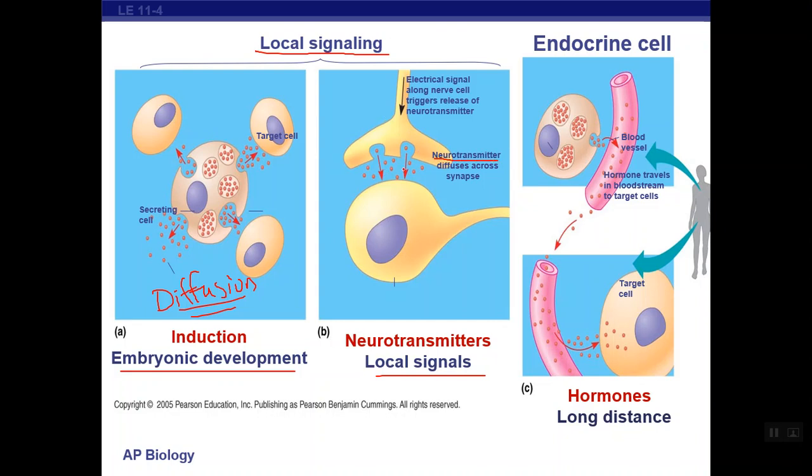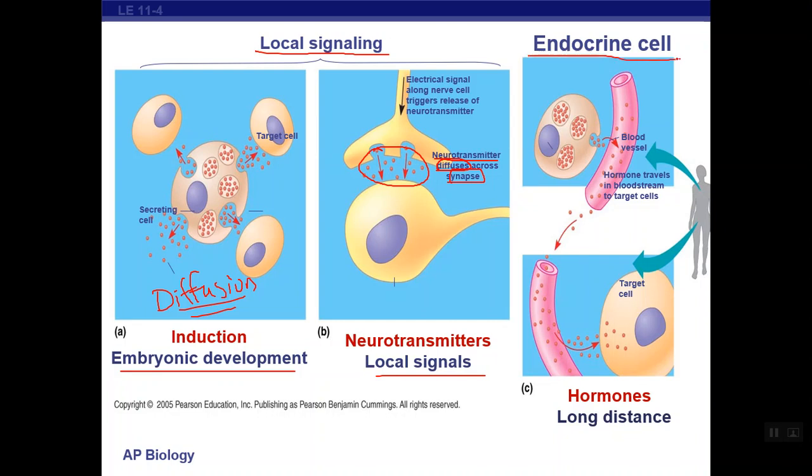Those are usually proteins that cause a response in the receiving cell. Those neurotransmitters diffuse across a space called a synapse. We'll talk about that later on. But again, the motion here is just diffusion of molecules, and that's how this receiving cell knows what to do. It's because it received these signals from an adjacent cell.